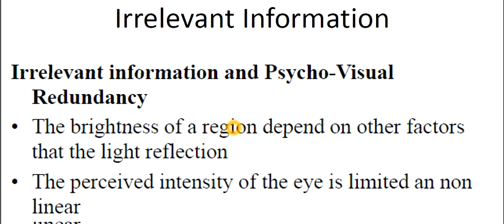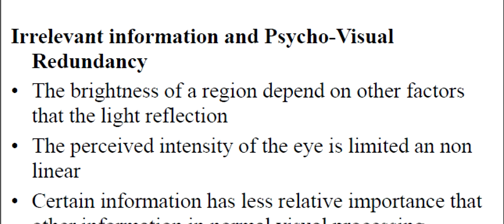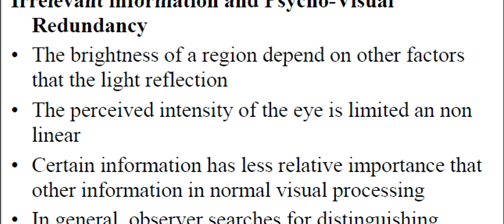Then we have irrelevant information, and psychovisual redundancy. The brightness of a region depends on factors other than light reflection. The perceived intensity of the eye is limited and non-linear.